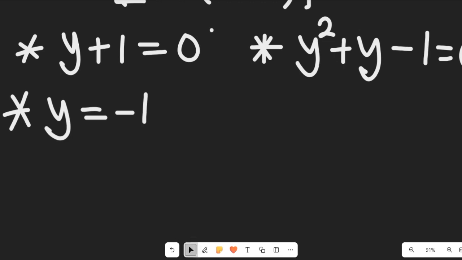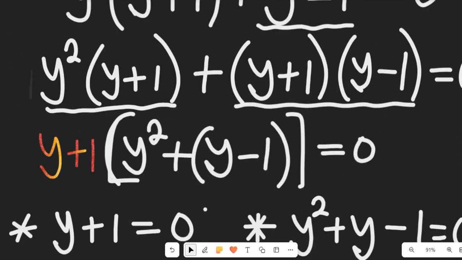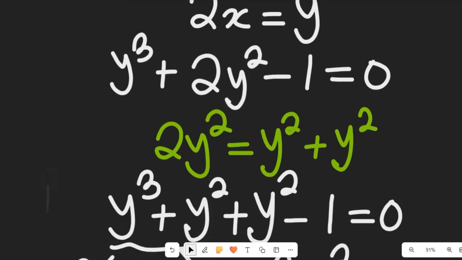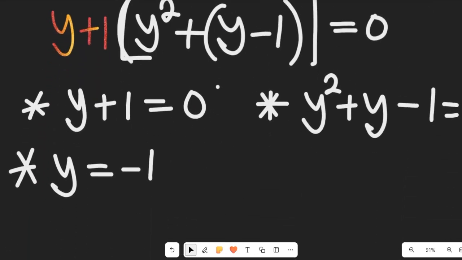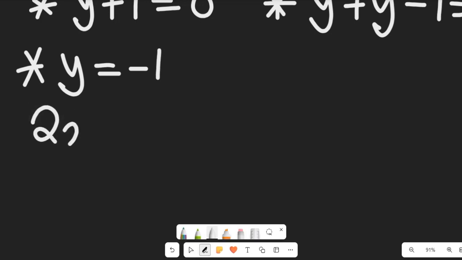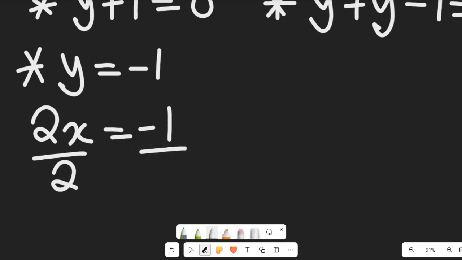Now, I want you to recall that initially we said 2x is equal to y, and we are meant to find the value of x. So we are going to take 2x to be equal to y. So if 2x is equal to negative 1, we can divide here by 2 and divide here by 2.